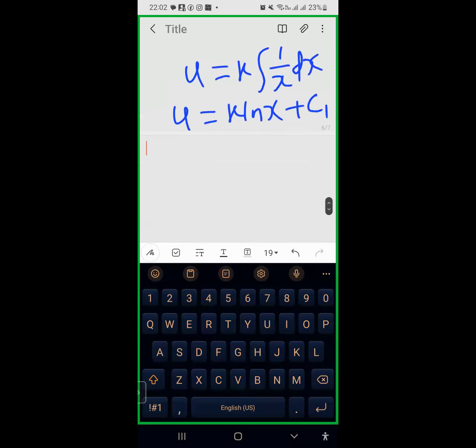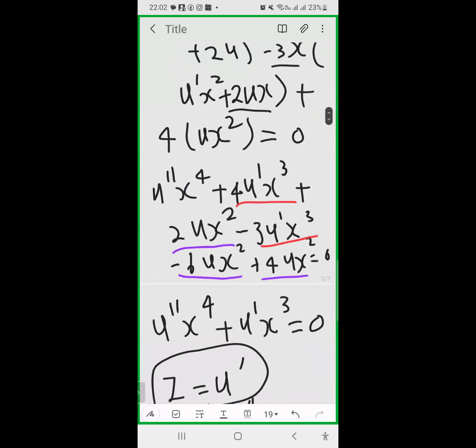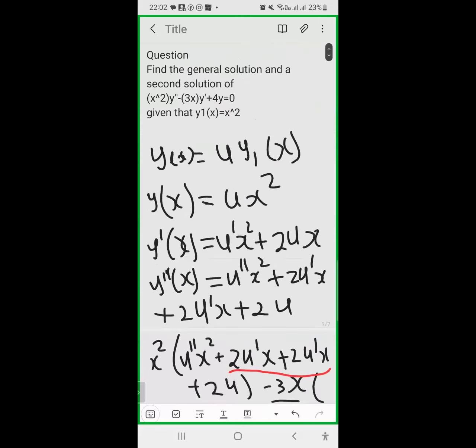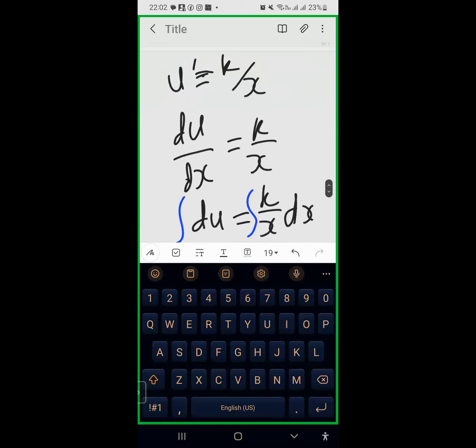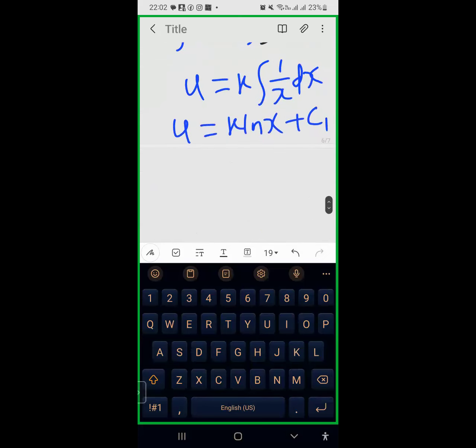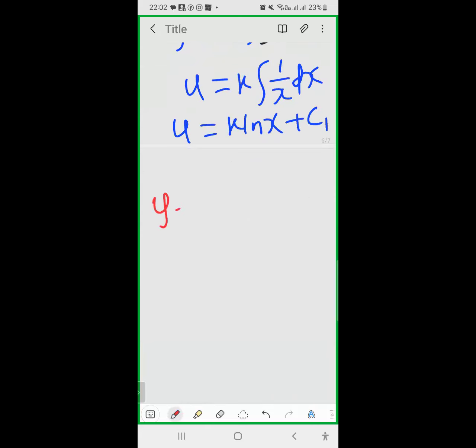Therefore, we can now write our general solution. Remember, firstly, we assumed that our general solution is in the form of u multiplied by x squared. Therefore, this tells us that the general solution to this given nonlinear ODE is going to be y is equal to u, which was found to be k ln of x plus c1, multiplied by x squared.